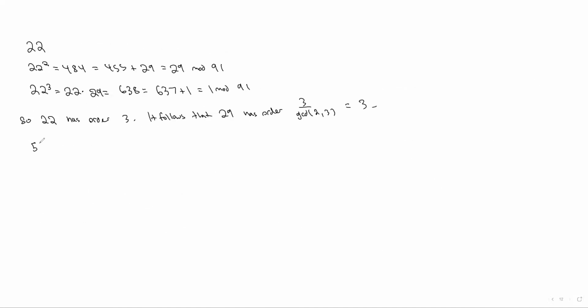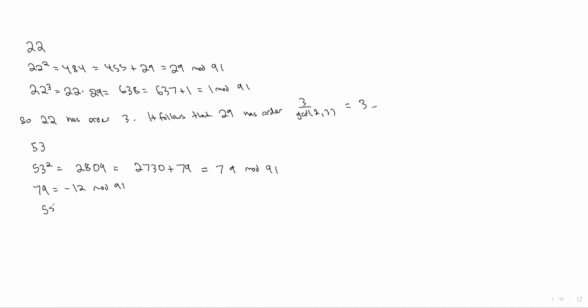So 53 squared is 2809, which is 2730 plus 79, which is 79 mod 91. And then 53 cubed: I can write 79 as negative 12 mod 91.